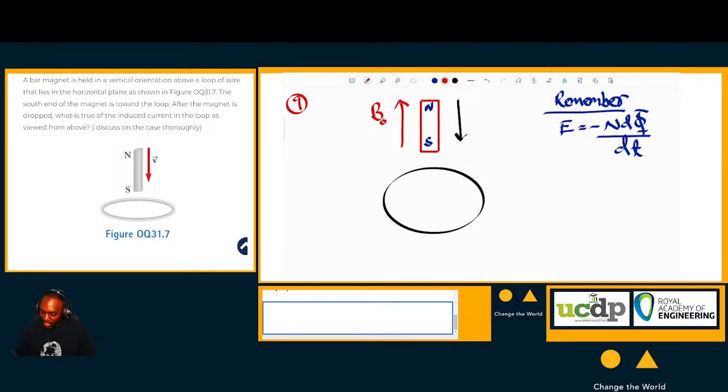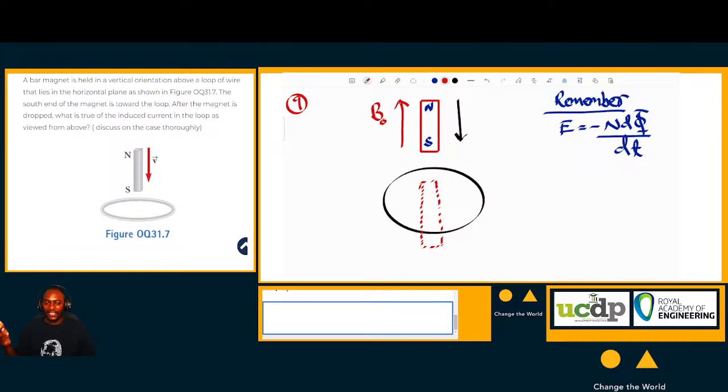Okay, now as this magnet falls into the loop, there is going to be an induced magnetic field. Okay, an induced magnetic field, and according to Lenz's law, whenever the flux is increasing, the induced magnetic field is going to be in the opposite direction to the original magnetic field.